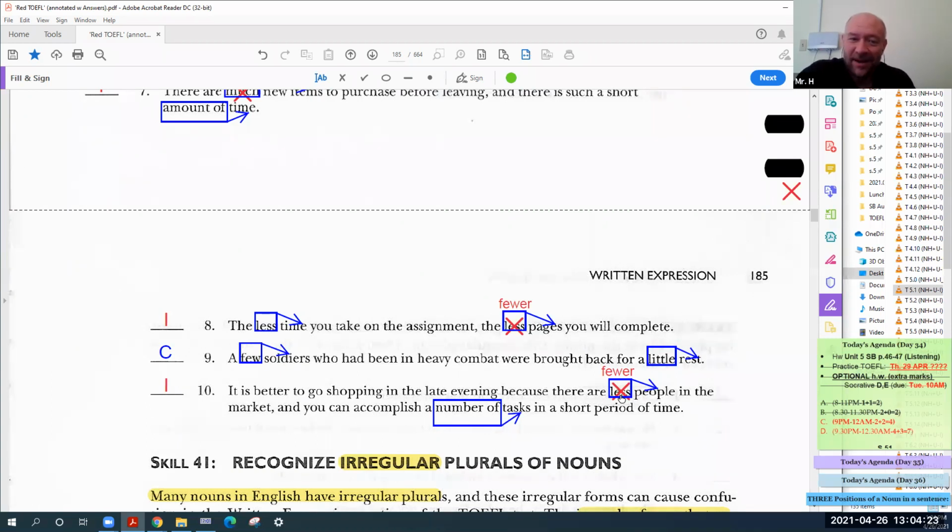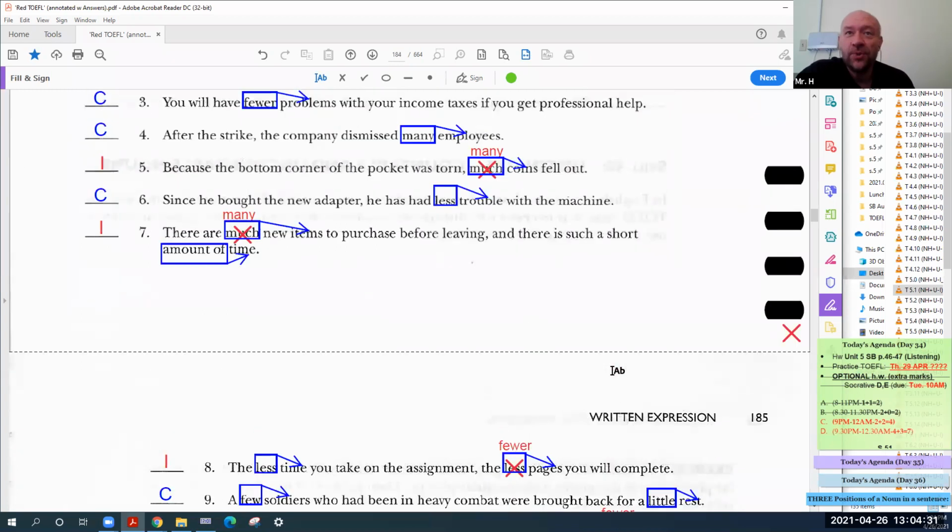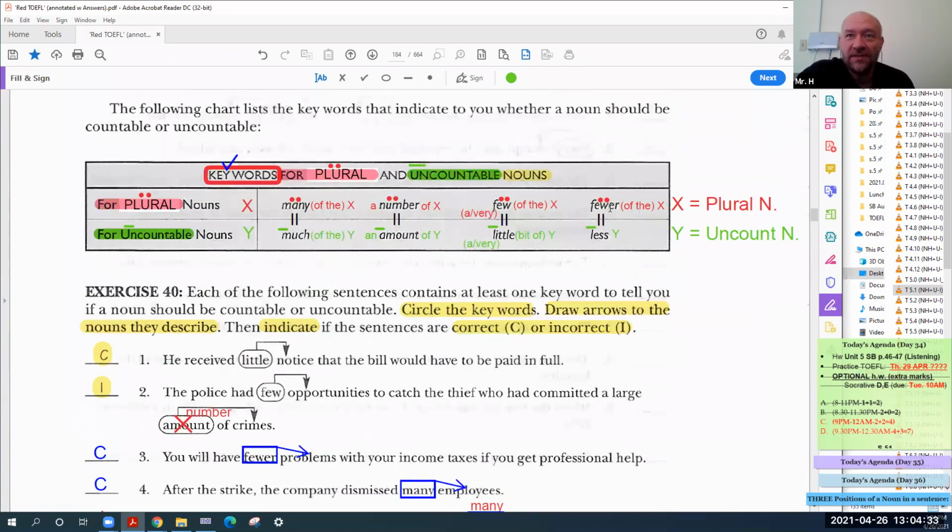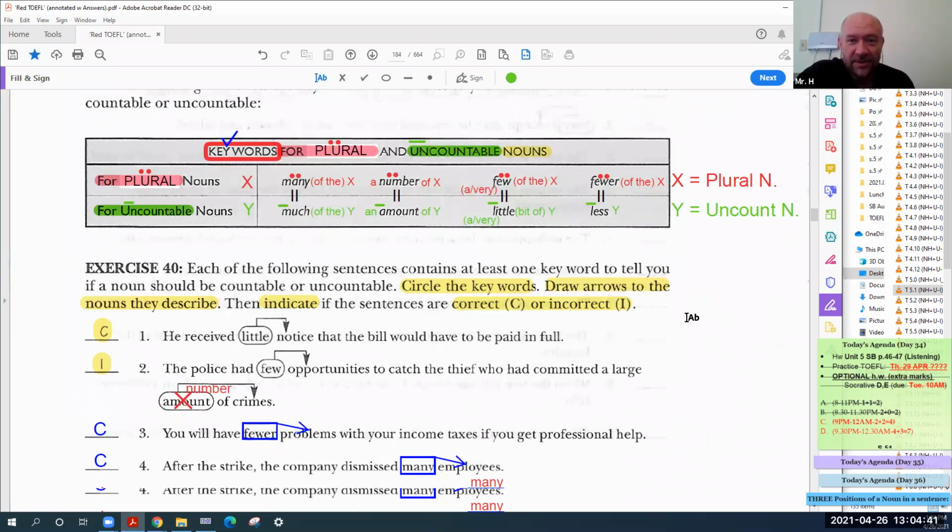Yeah, but in TOEFL, you lose marks because fewer is for plural nouns. If you look back up at the chart, fewer is with plural, countable nouns, less is for uncount, okay?